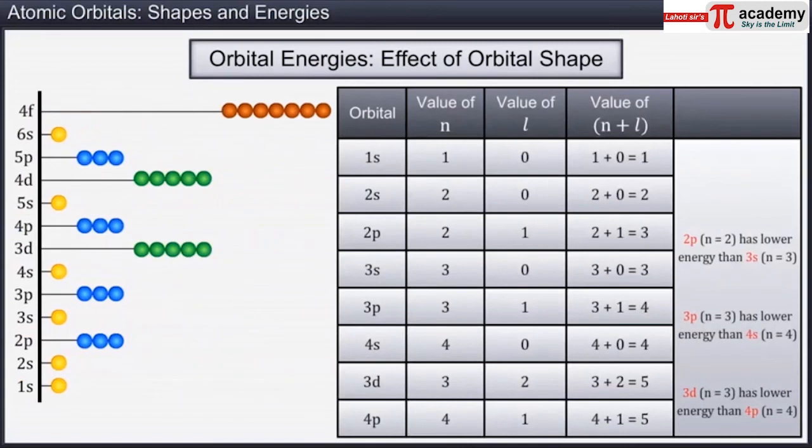As a generic guideline, the lower the value of n plus l for an orbital, the lower is its energy. This explains why 4s possesses lower energy than the 3d orbital. If two orbitals have the same value of n plus l, for example, 2p and 3s orbitals, the orbital with lower value of n, that is 2p, will have the lower energy.